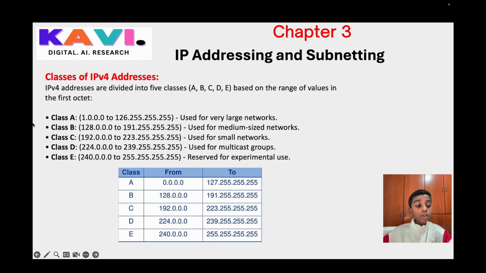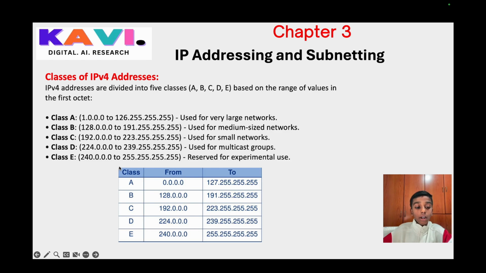Class C is 192 to 223, which is used for small networks. Class D is from 224 to 239, and it is used for multicast groups. Class E is 240 to 255, and it is reserved for experimental uses.